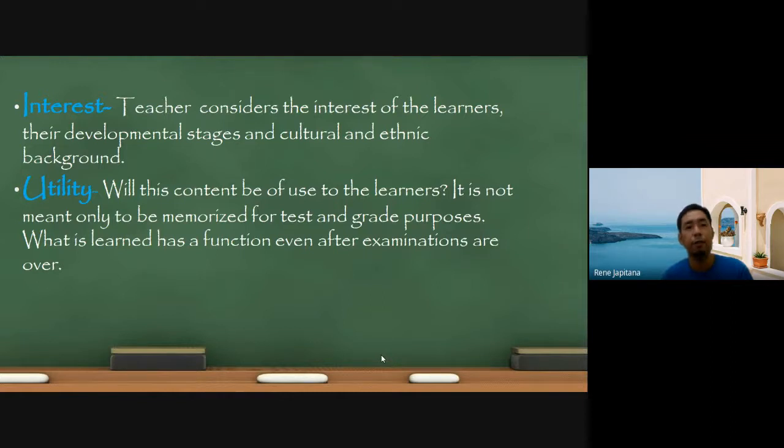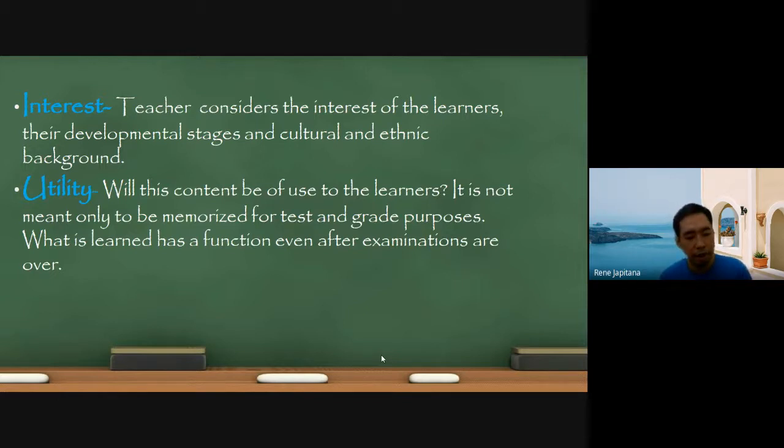When I say developmental stages, we need to consider the age level, the growth and development of a certain age. There are some theories on human growth and development. If our learners are at a certain age, of course they have different interests.